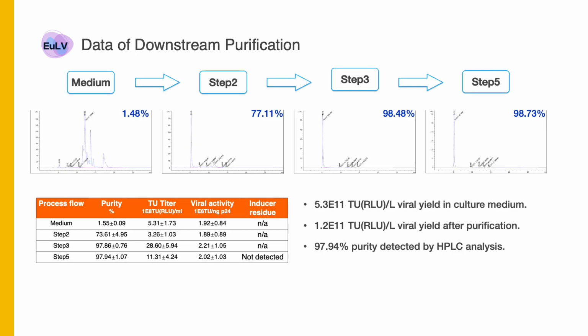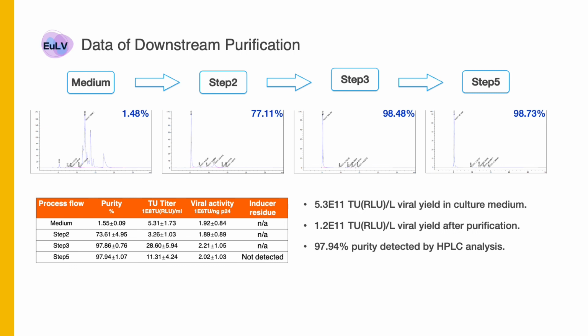Compared with conventional transient transfection, this production method using the EuLV system has less cell debris due to the high cell viability upon harvest. After 5 steps of purification, the virus purity can reach 98% measured by HPLC.